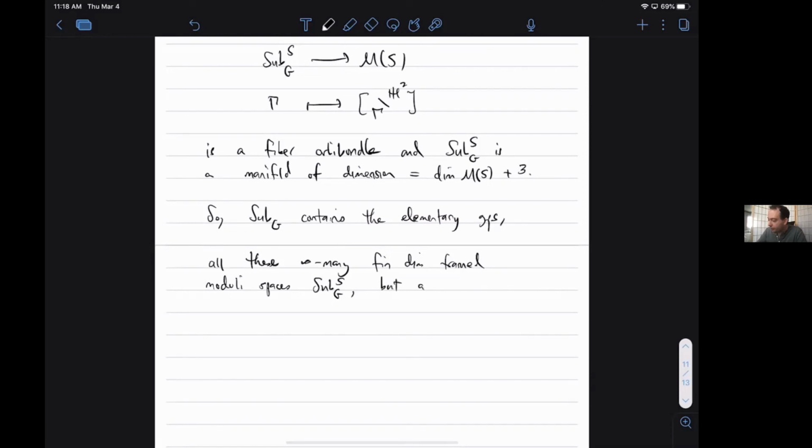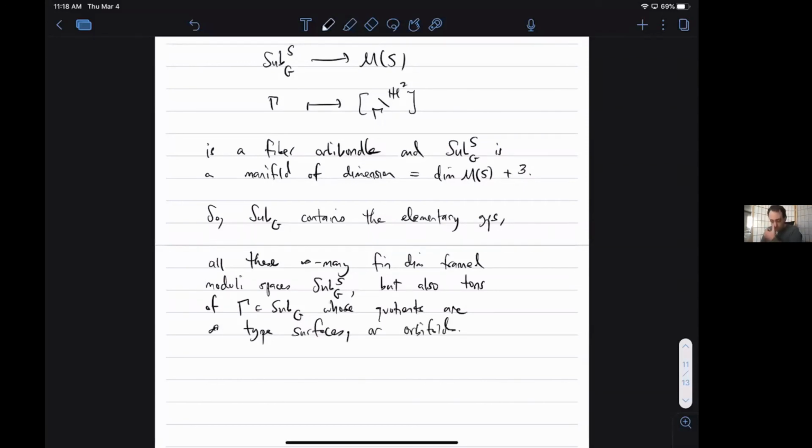But then there's also tons of groups gamma, discrete groups where the quotients are infinite type surfaces, or orbifolds.